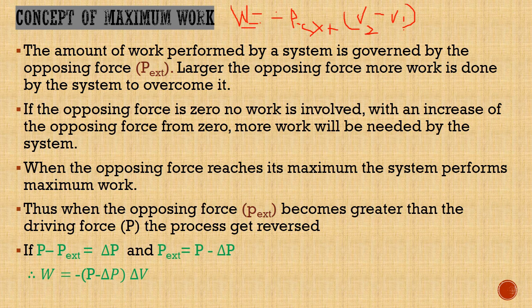So what is V? It is the volume of the gas in the initial and final state of the system, and W here is the work done by the system on the surroundings.